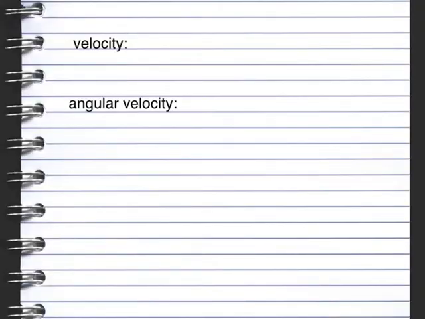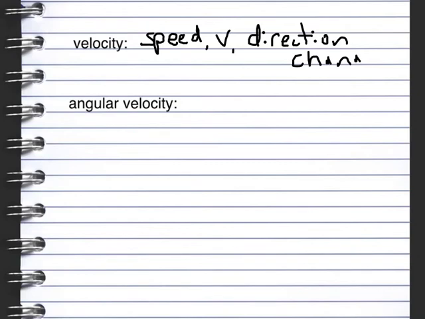Let's just make some notes on this. So for velocity, I'm going to describe the speed as having the symbol v. The direction changes if it's moving in a circle. And then the SI units are going to be meters per second.